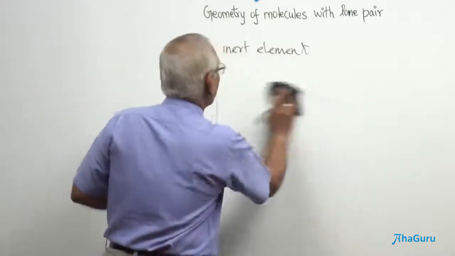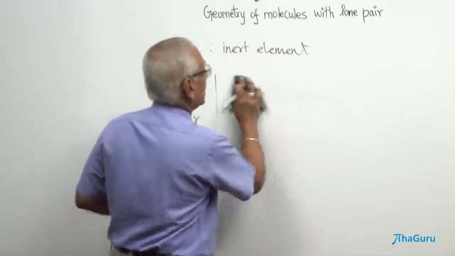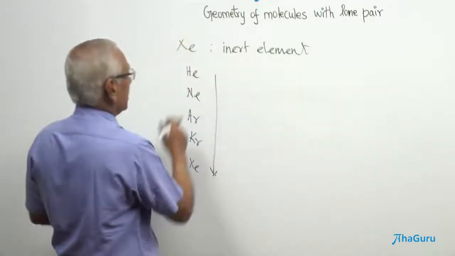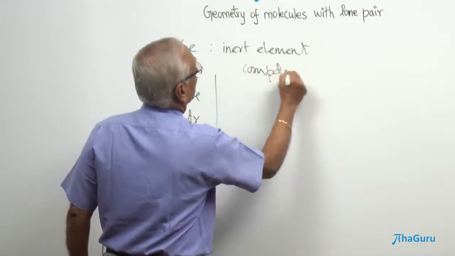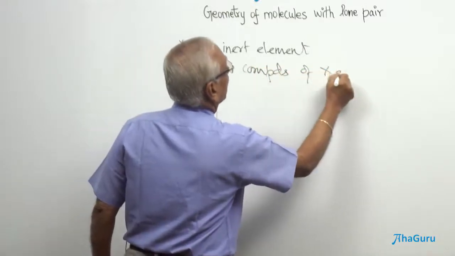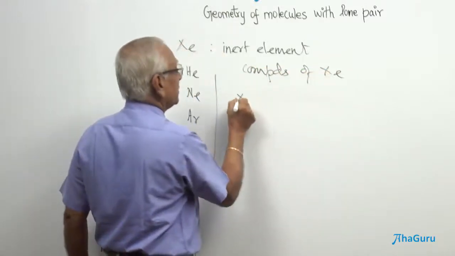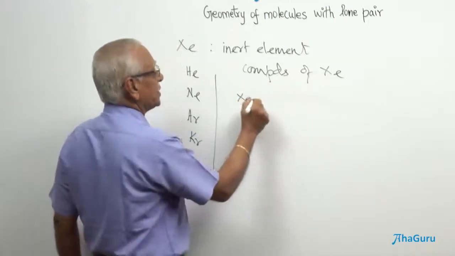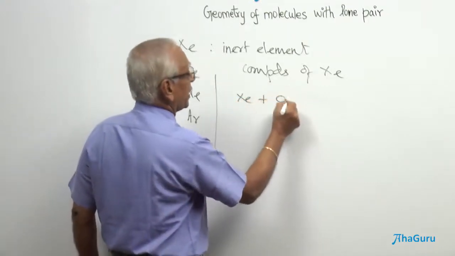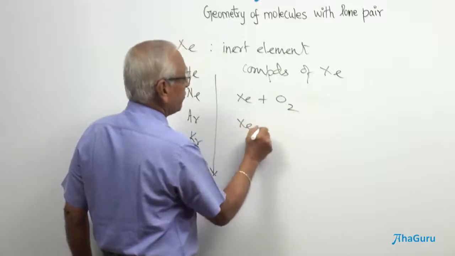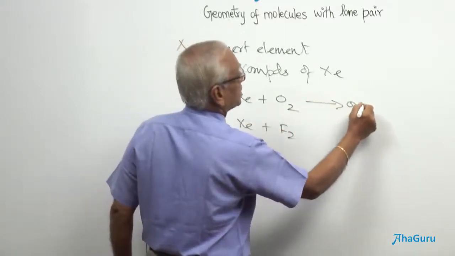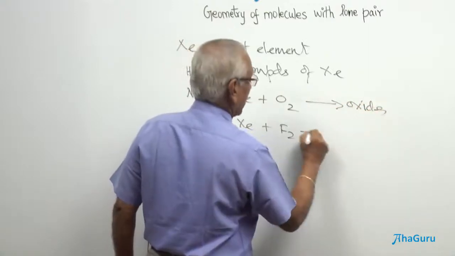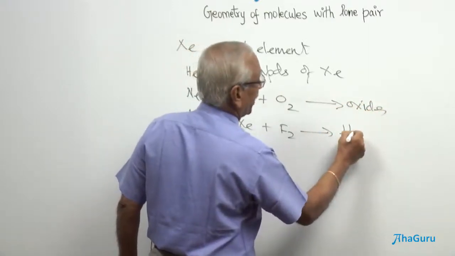Now, let us look at the compounds of xenon. Whenever xenon reacts, there is a coincidence that xenon reacts only with oxygen and fluorine in the entire periodic table. It forms the oxides. Xenon with fluorine forms the fluorides.